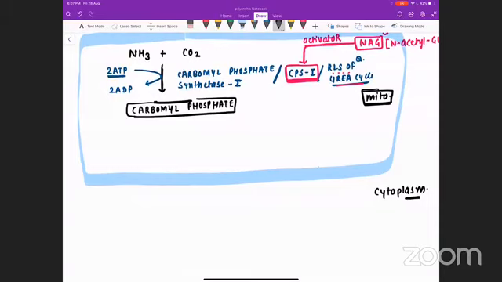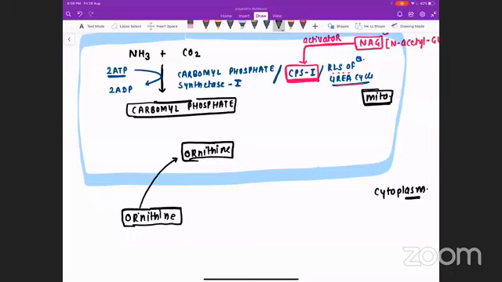The second reaction that is going to occur: there is a molecule in the cytoplasm with the name of ornithine. This ornithine molecule, which is present in the cytoplasm, will be transported inside the mitochondrial matrix.